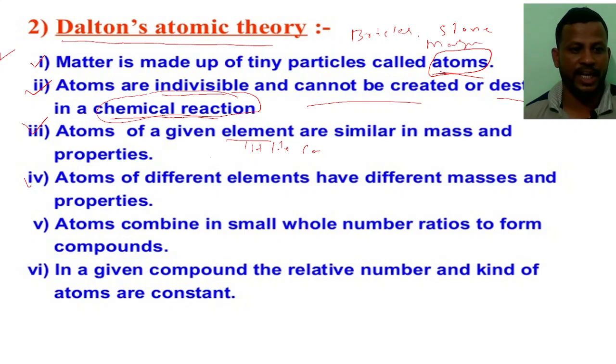And the next point is atoms of different elements have different masses and properties. Dalton says that atoms of different elements have different masses. For example, the atom of hydrogen has a different mass and different properties.